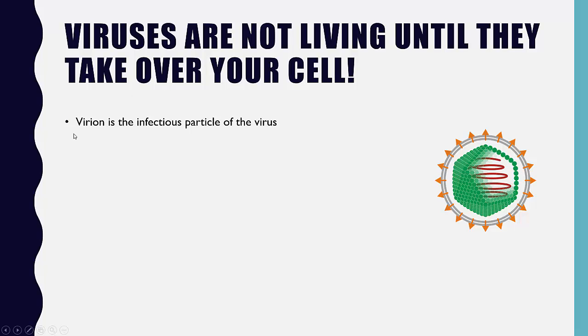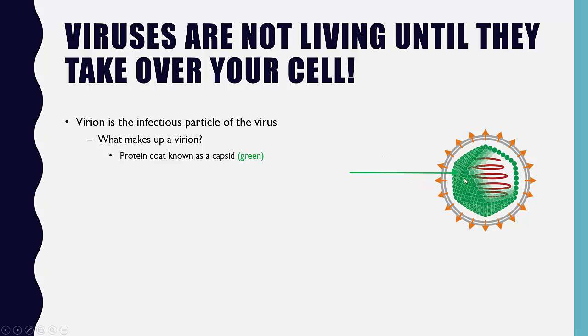All right. So what you typically think of as a virus is actually something called a virion. A virion is the infectious particle of the virus. So here the orange part would be the DNA or nucleic acid. What makes up a virion? Well, you have an outer protein coat, and I have that in green.